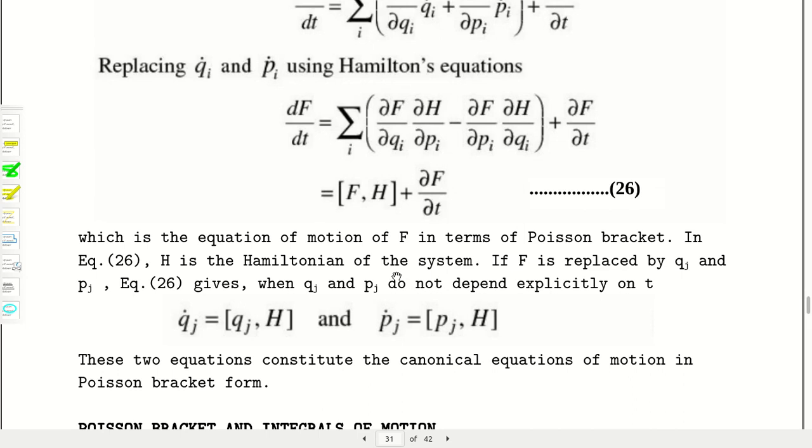If one asks you whether angular momentum is conserved or not, you can just check the Poisson bracket {f, H}. If it gets the value of 0, then df/dt will also be 0, so f is equal to constant.